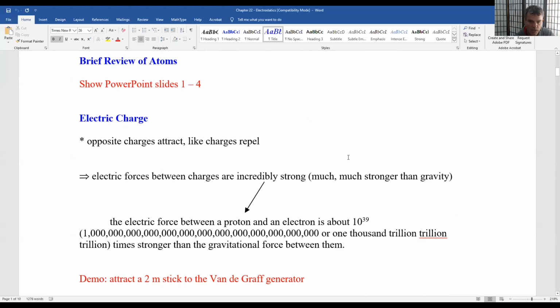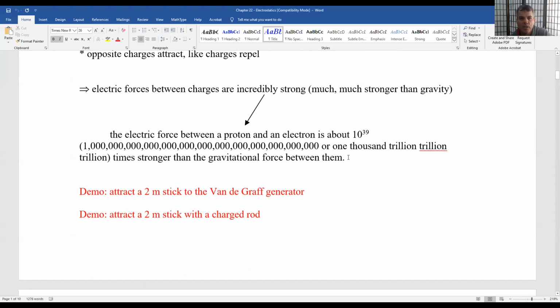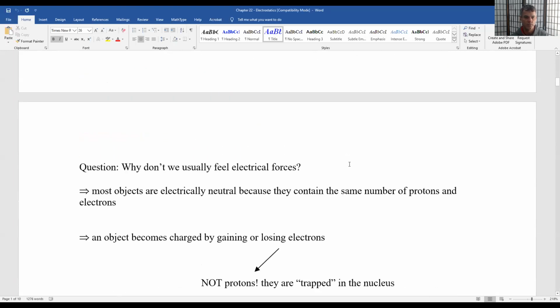And I mentioned that electrical force is unbelievably strong. The proton and electron, since they have mass, they're going to attract each other gravitationally. Since they have opposite charges, they're going to attract each other electrically. And the electric force is about 1,000 trillion times stronger than the gravitational force.